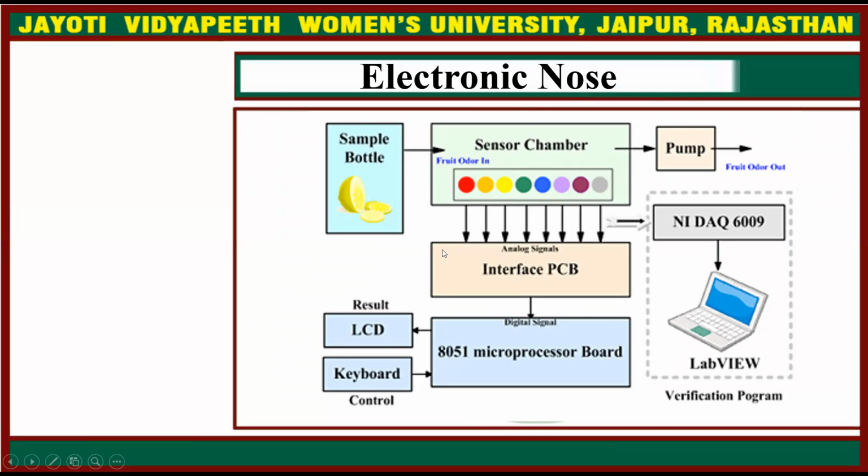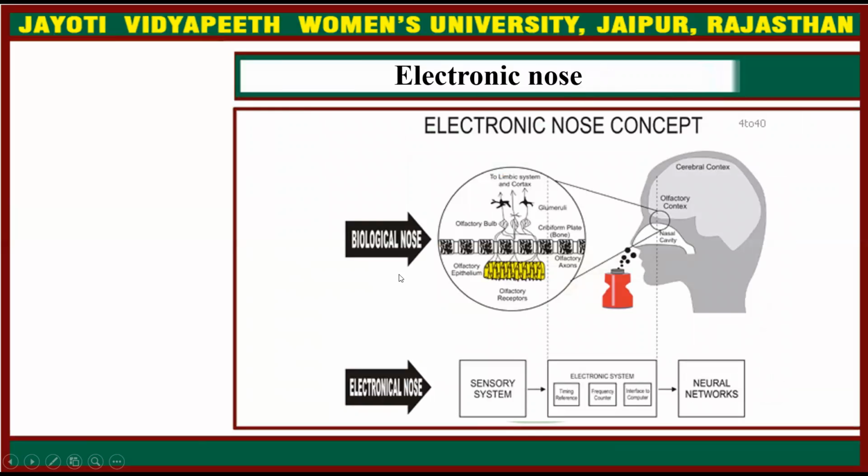Then there is a PCB interface, and an 8051 microprocessor board, which displays the result on the LCD, and keyboard control, and there is a verification program. This is the concept of the electronic nose, and there is a difference between the biological nose and the electronic nose. In the electronic nose, there is a sensory system, and then an electronic system or neural networks.